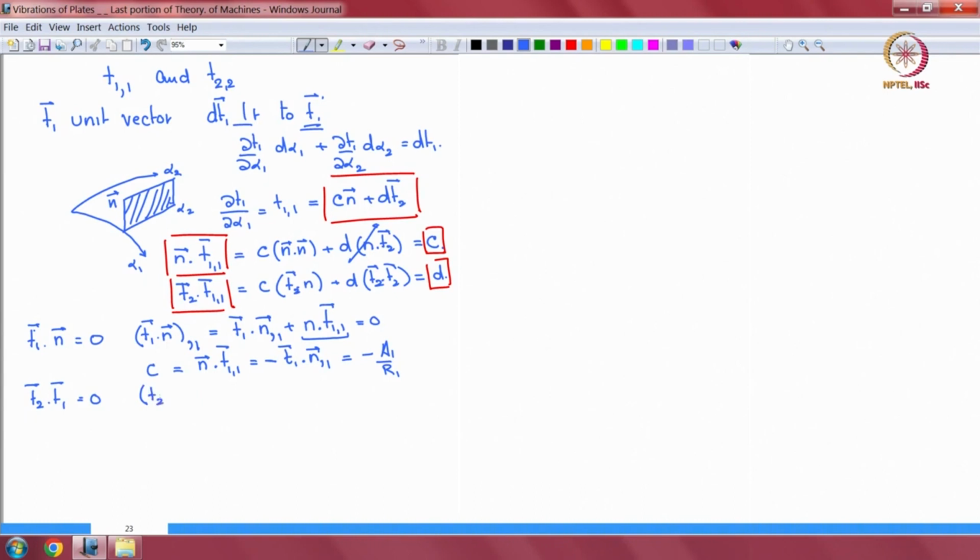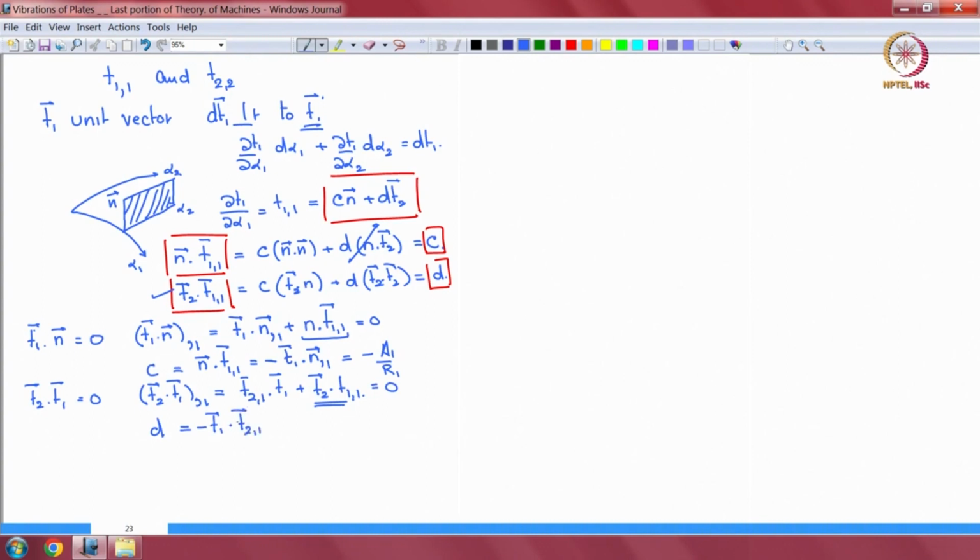So T2 dotted with T1 comma 1 is equal to T2 comma 1 dotted with T1 plus T2 dotted with T1 comma 1, and this is my D. It is still 0, so my D is equal to minus T1 dotted with T2 comma 1.